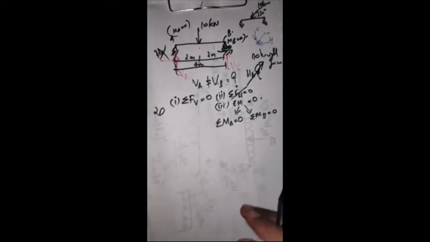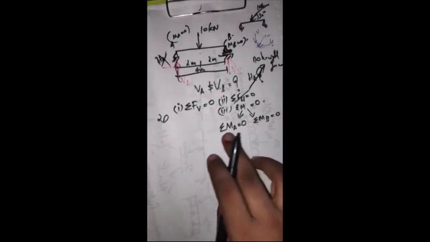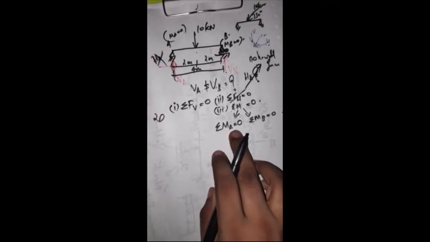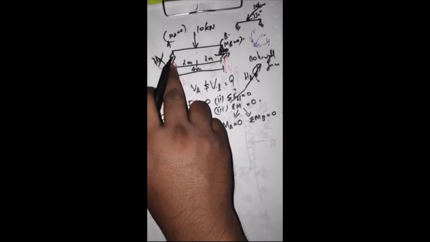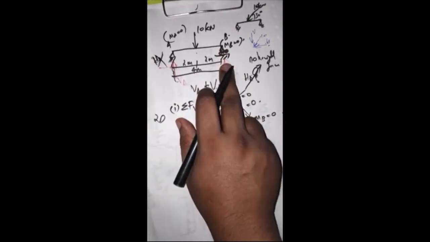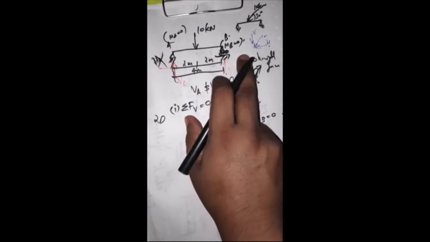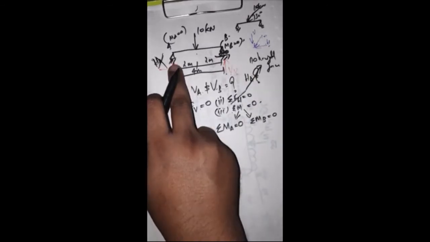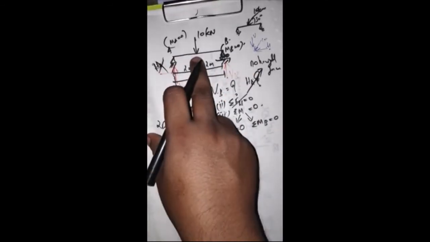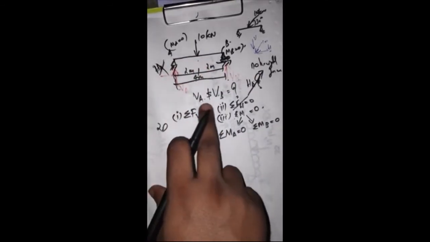As we do the problem, you will be more clear. Why is this 0? Moment about A is 0 because it is a hinge support. Moment about B is 0 because it is a roller support. In the roller support there will be only a vertical reaction if the roller is horizontal, and otherwise there will be vertical and horizontal reaction. But here, since no horizontal force is there, there will be only a vertical reaction.